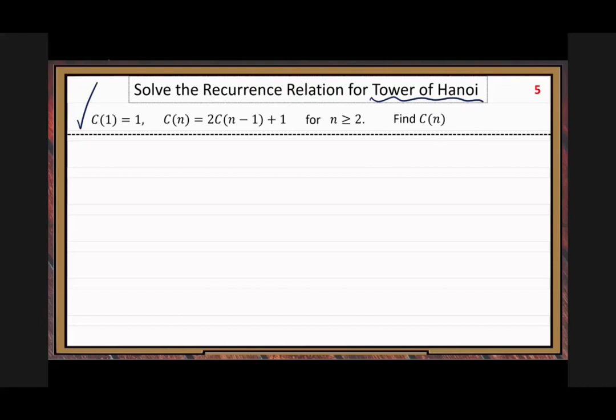So we put it here. In this topic, let's solve this relatively simple case first. So let's find the solution of this one first.